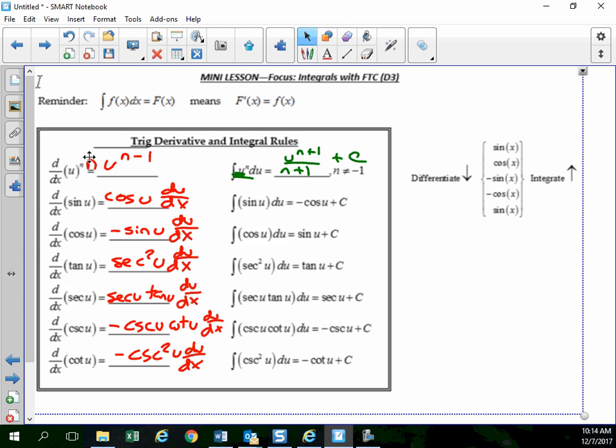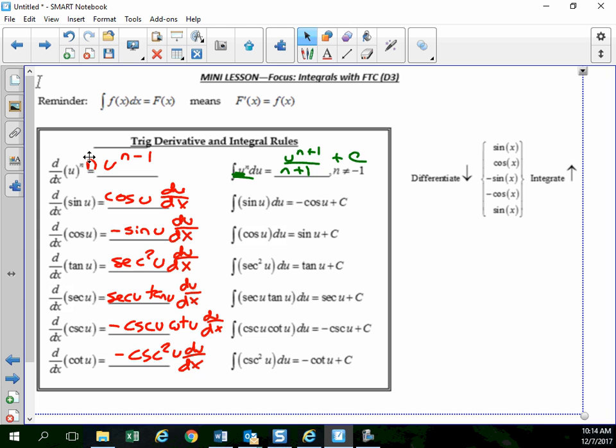A reminder, remember how I had this last time? If I had 2 positives and 2 negatives, and then the positive again: sine, cosine, negative sine, negative cosine, sine. Differentiate, you go down. If you integrate, you go up. The integration of sine is negative cosine. The integration of negative cosine is negative sine.